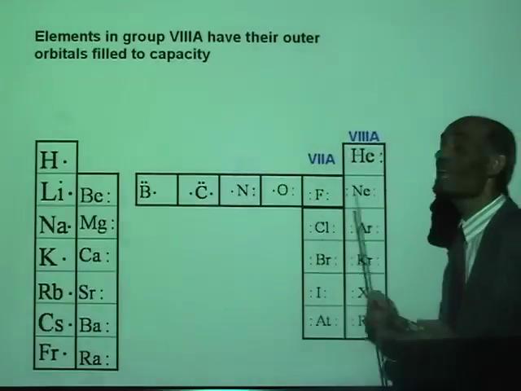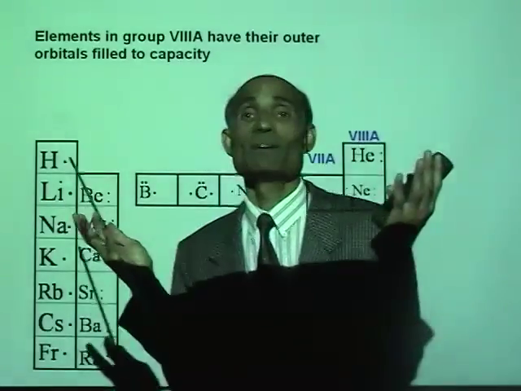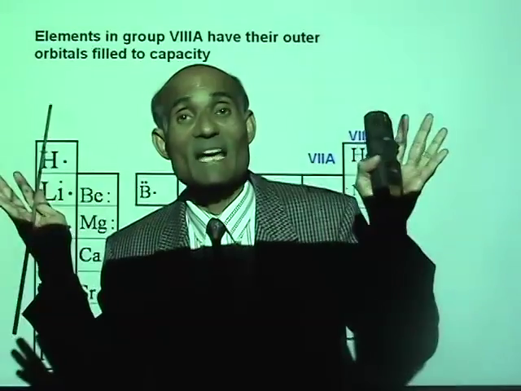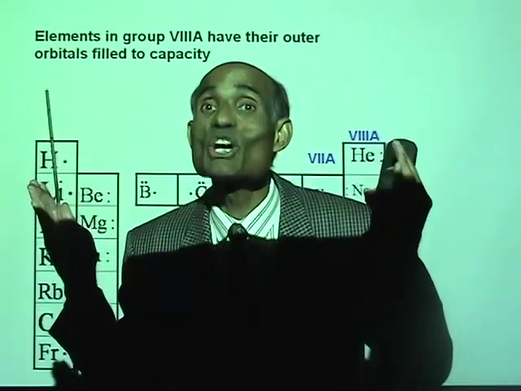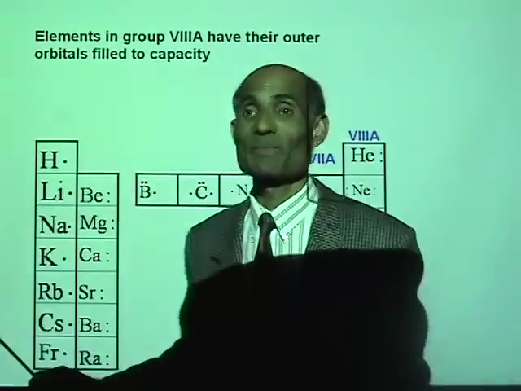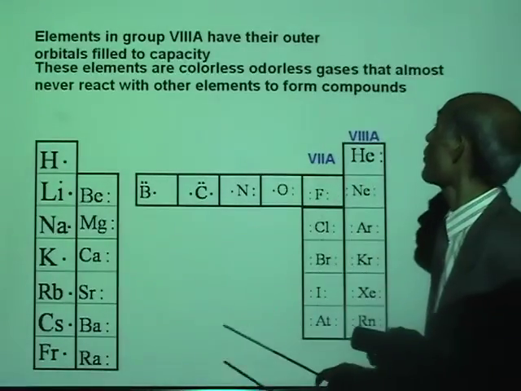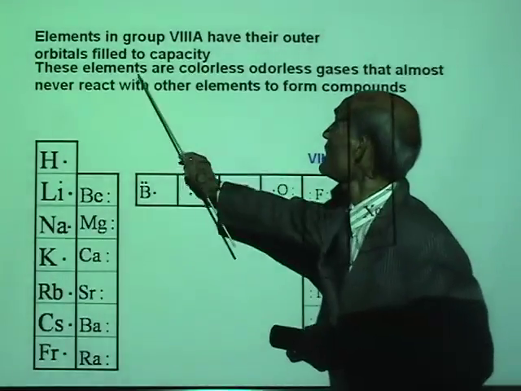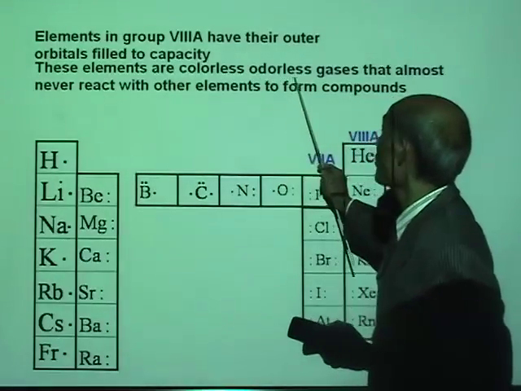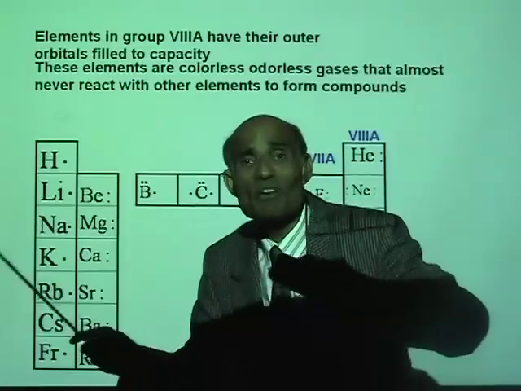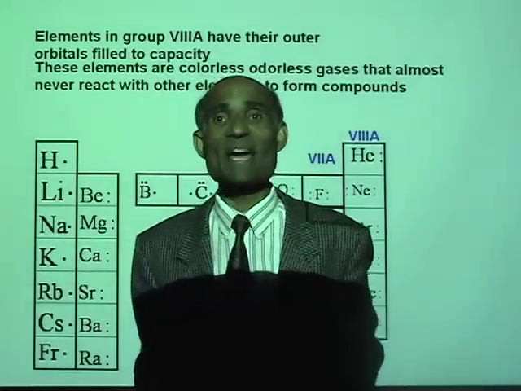The exception is helium. Now helium is happy because it has 2 electrons in the outer S shell. It is also inert and noble. And all these gases are therefore called inert. These elements are colorless, odorless gases that almost never react with other elements.